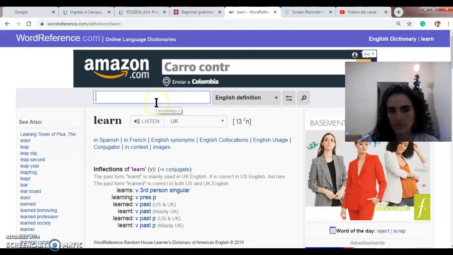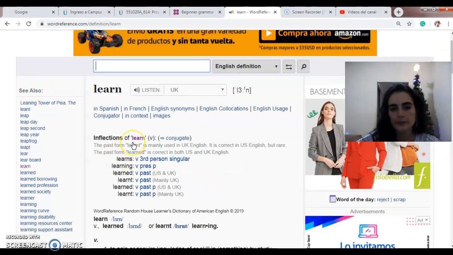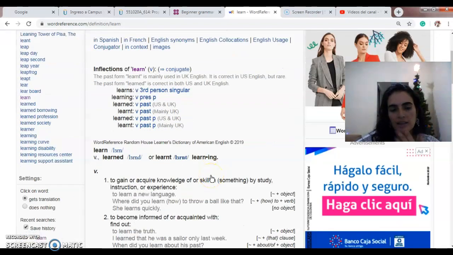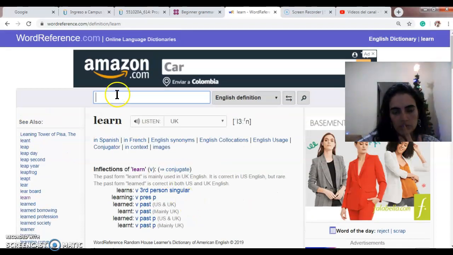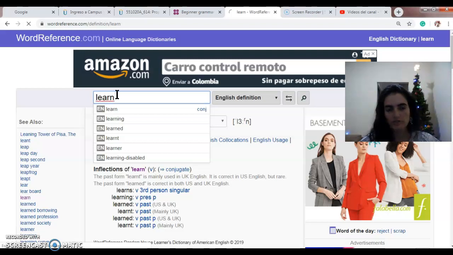WordReference is a good dictionary because the student can find the meaning and, for example, the word learn.